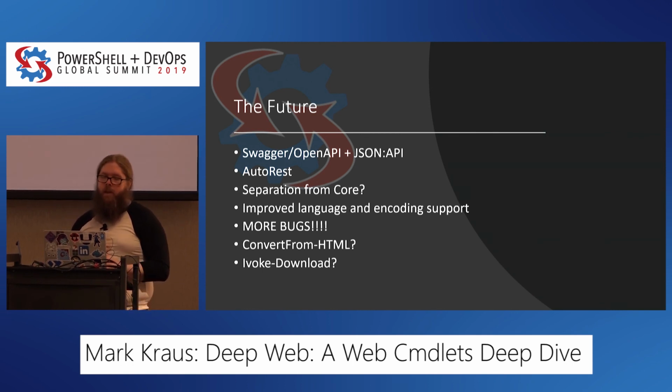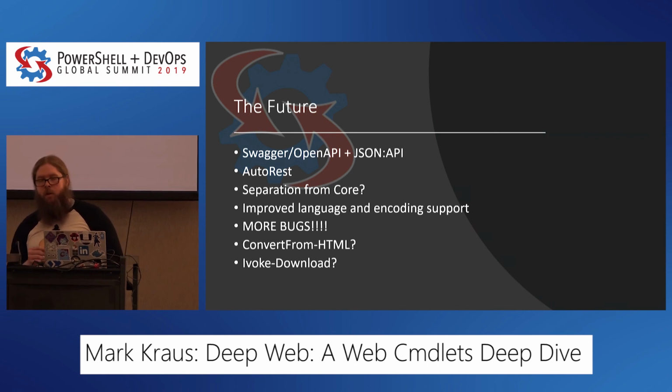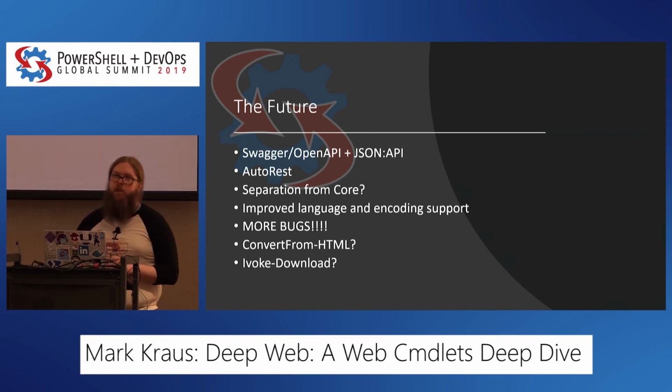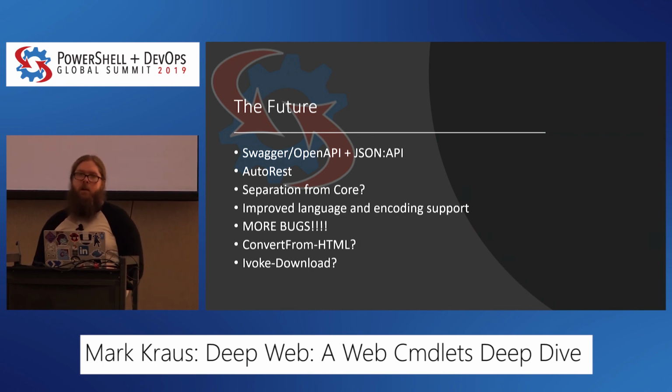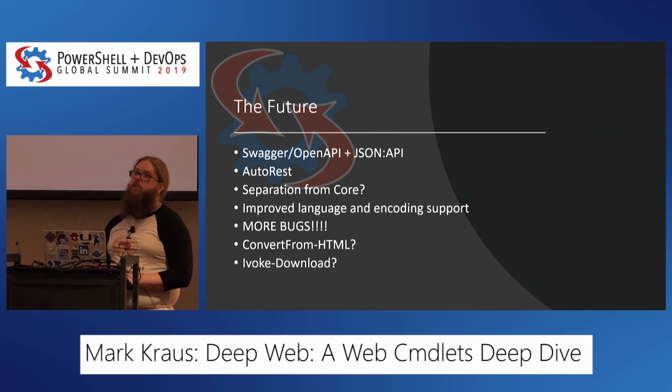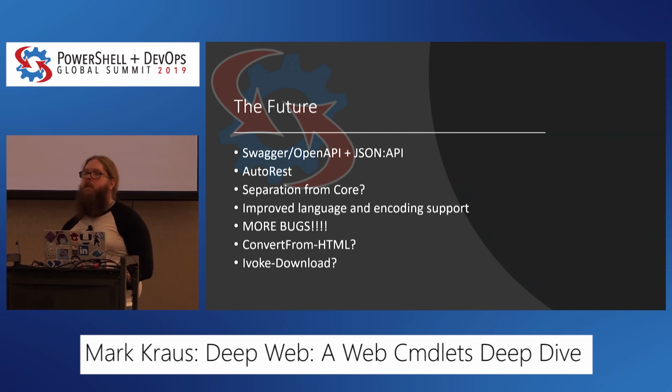So, improved language support and encoding. There are several members of our Asian community who are constantly upset with the lack of support we have for working with Asian language sites. I've been making lots of changes to try to accommodate that and allow for better availability.